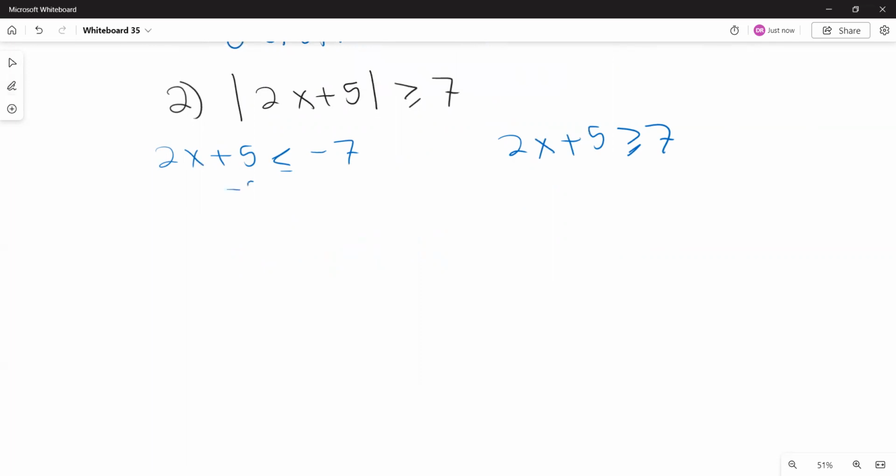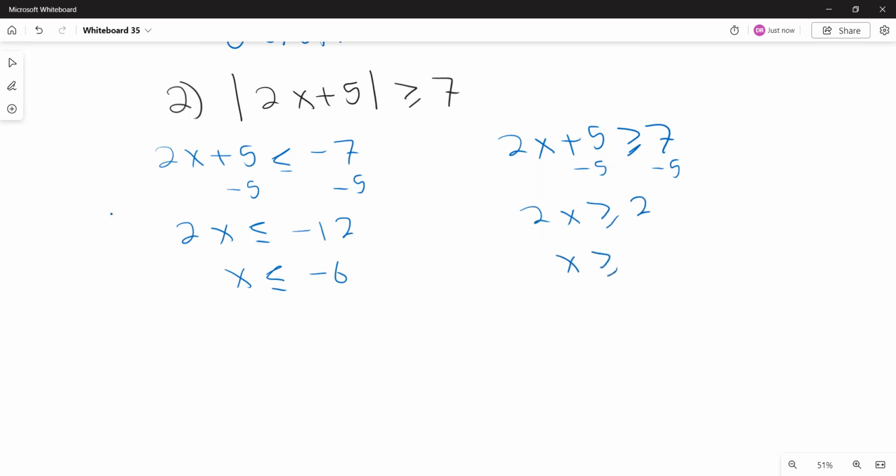For the one on the left, we subtract 5 from both sides, and 2x is less than or equal to -12. Divide by 2, and x is less than or equal to -6. For 2x plus 5 greater than or equal to 7, subtract 5 from both sides, so 2x is greater than or equal to 2.